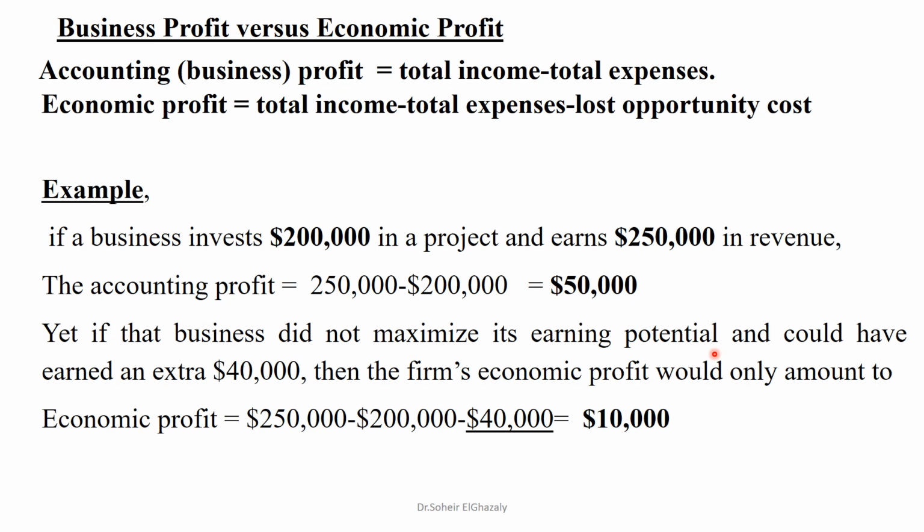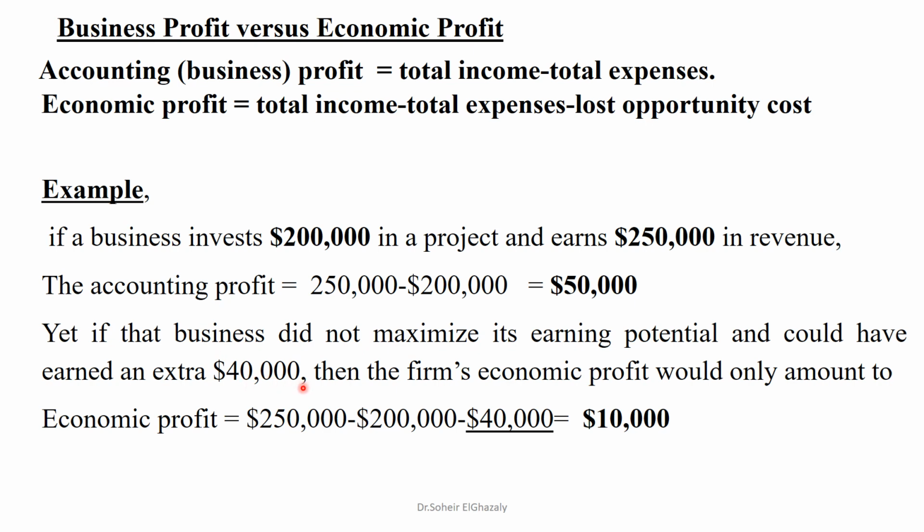You're not making the maximum profit. He did not recognize that he is not making the maximum profit. So he lost 40,000 in this mistake. He could have earned 40,000 more if he recognized this.